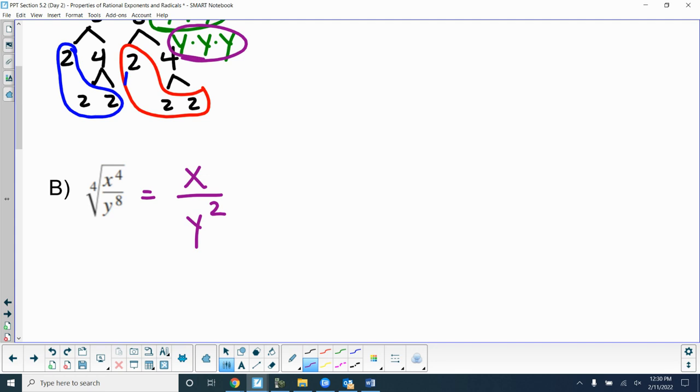That's the exponent. That's the index. You can divide them. So what's 4 divided by 4? So there's 1 x up top. What's 8 divided by 4? So there's 2 y's in the bottom. Good? So you can either divide the outside by the inside or the inside by the outside? No. It's always inside divided by outside. Okay?